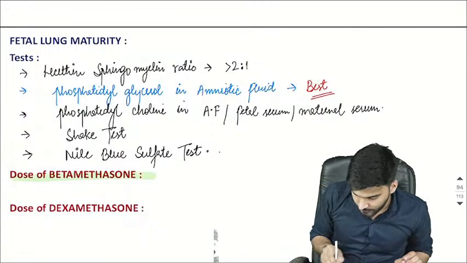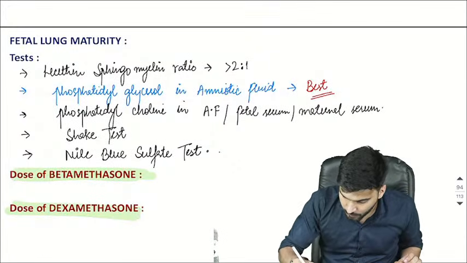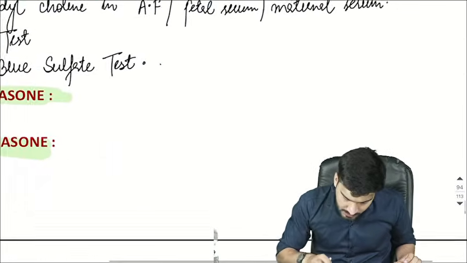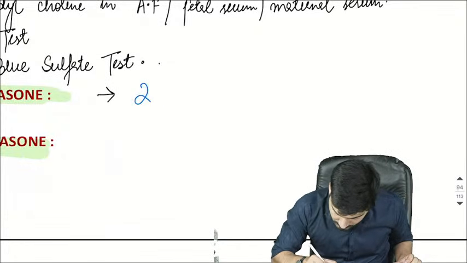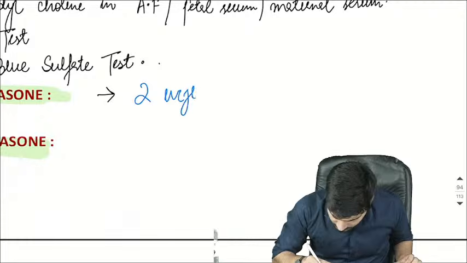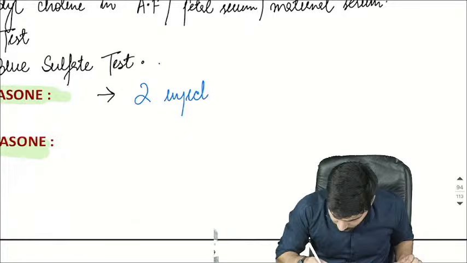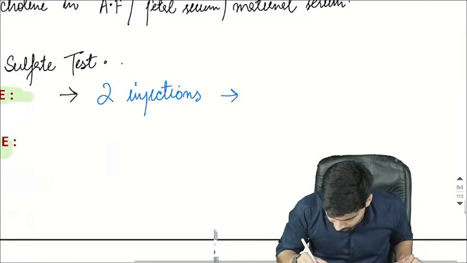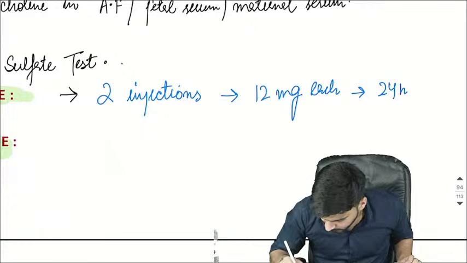Now, the dose of dexamethasone and betamethasone. Now you remember B2D4. So how many injections will you give of dexamethasone? 2 injections. In dexamethasone, 2 injections of 12 mg each, you will give 24 hourly intramuscular.